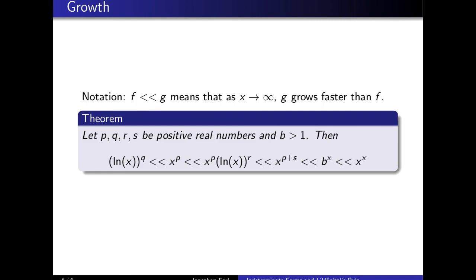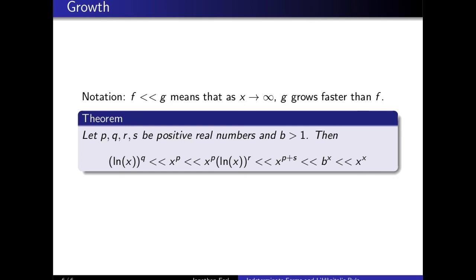An x to the p times a natural logarithm raised to some power will grow much, much faster than just the polynomial part, but that will grow slower than a bigger polynomial term. So an x to the p natural logarithm of x to the r will grow much slower than an x to the p plus s.